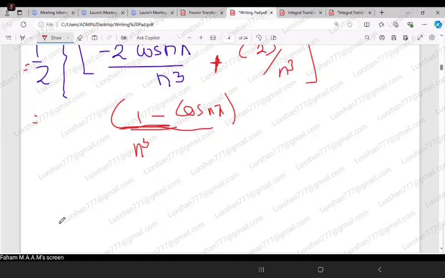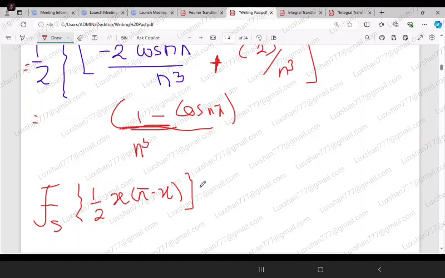Okay, so now what I have got, the finite Fourier transform of the function half times x into pi minus x is equal to 1 minus cos n pi over n cube.